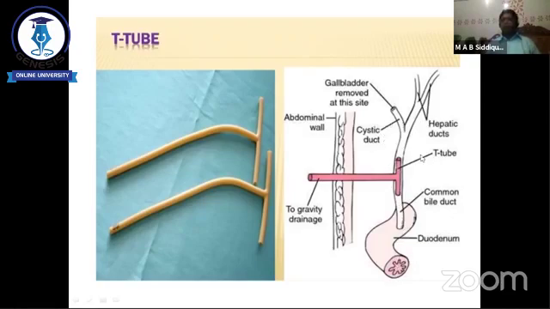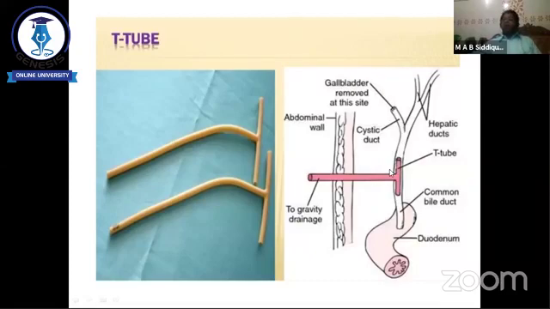After exploration and removal of the stone in the CBD, we usually use a T tube if we are not sure that the whole stone has been extracted. That's why we use the T tube perioperatively and postoperatively, to confirm whether all the stone is extracted or not.